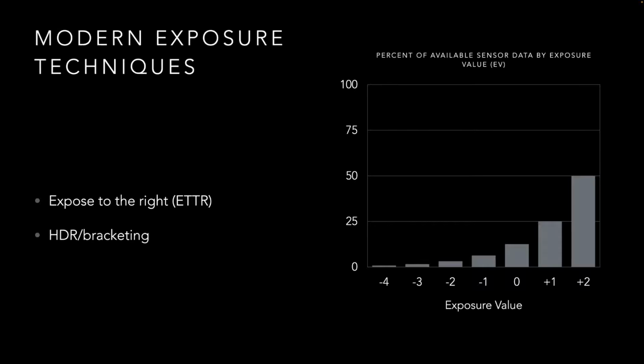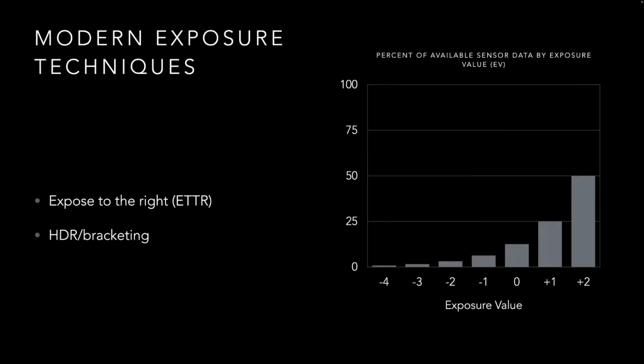The reason for these techniques is to try to deal with the fact that even though digital has a wide latitude, a lot of dynamic range, sometimes the dynamic range of the scene can still exceed what the camera can capture. And other times, even when we have all the dynamic range, we want to capture the best detail with the least amount of noise as possible.